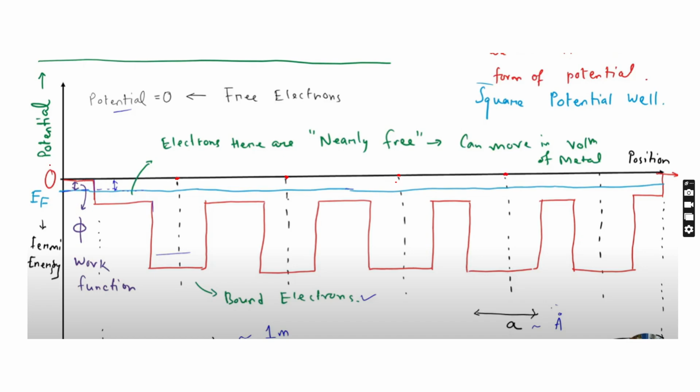When we consider free electrons, they don't see the solid, so they are outside the solid. That is considered a free electron, and the potential will be 0. As soon as the electron enters the solid, near the ionic core, normally there will be a little drop in potential in the negative direction.